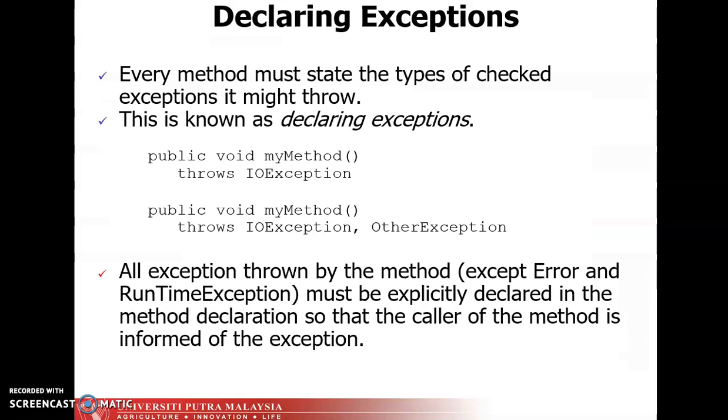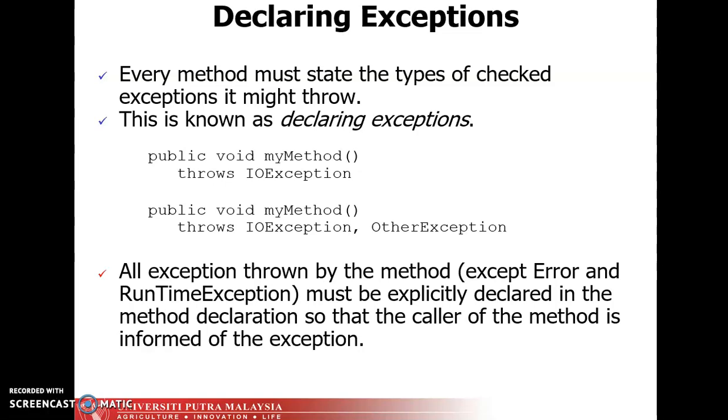Now we look into the first operation example, which is declaring the exception. Before we construct our program, we should be able to guess what type of exception might occur during the runtime of our program. Thus, every method must state the type of checked or unchecked exceptions which it might throw.